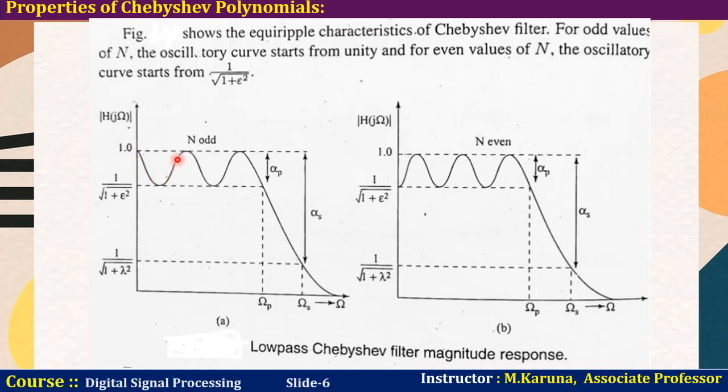For even values of n, the oscillatory curve starts from 1 by root over 1 plus epsilon squared. Observe the difference between the two characteristics of the Chebyshev filters for n odd and n even.